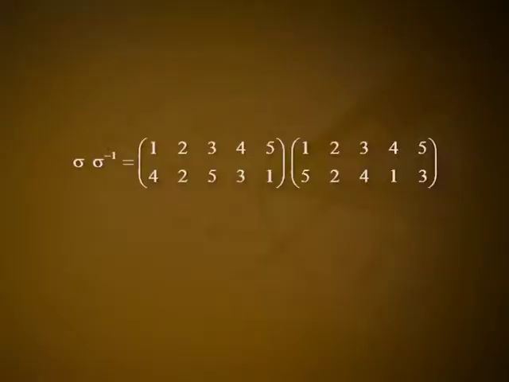It can also be seen that σσ⁻¹ is equal to the permutation 1→4, 2→2, 3→5, 4→3, 5→1 times the permutation 1→5, 2→2, 3→4, 4→1, 5→3, which is equal to the permutation 1→1, 2→2, 3→3, 4→4, 5→5, which is equal to I.